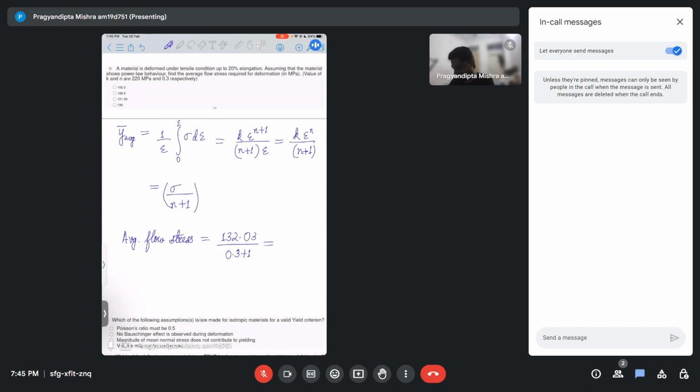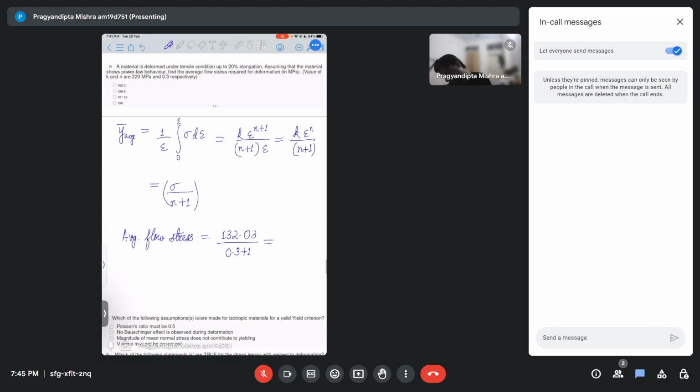So the final answer is 101.55, and 101.55's closest value is this one. The third option is the correct option.